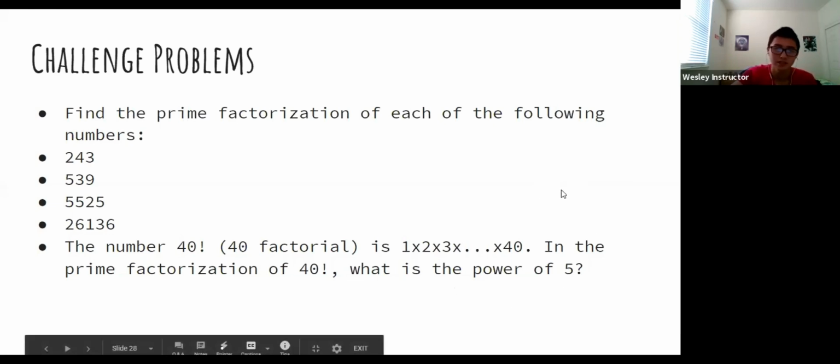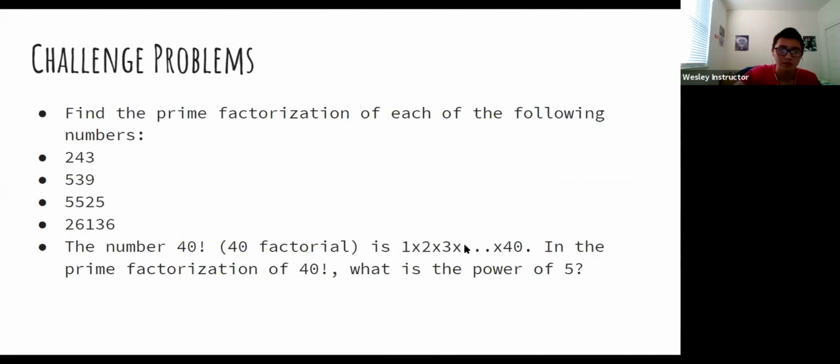So the way you do this is you count how many numbers all the way up to 40 are multiples of 5. Once you do that, you see that there are 8 numbers up to 40 that are a multiple of 5. So that means they all contain a 5 in their prime factorization. So that means there are 8. But hold on, 25 is 5 times 5, so it actually has 2.